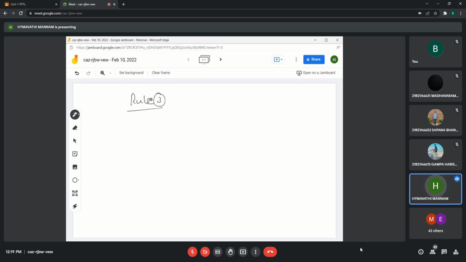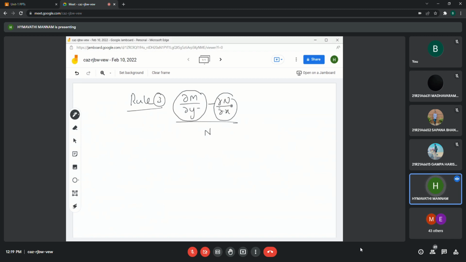Rule 3 and rule 4 are somewhat the same. The only difference is 1 by n and minus 1 by m. Rule 3 is dou m by dou y minus dou n by dou x, divided by n. You just find the partial derivatives of these two and first subtract them. After the subtraction, observe the function and think about the given differential equation.